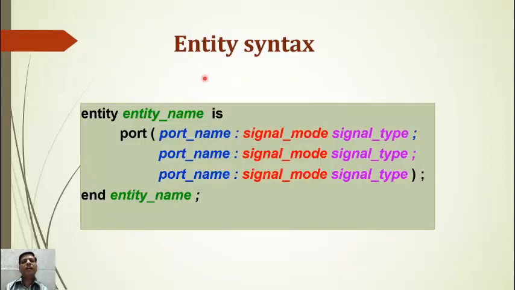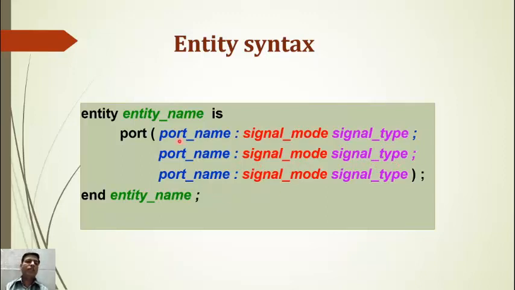Then syntax for the entity. Entity entity_name is port, then opening bracket, port_name, colon, signal_mode, signal_type, then semicolon. Then port_name, colon, signal_mode, signal_type, then semicolon.